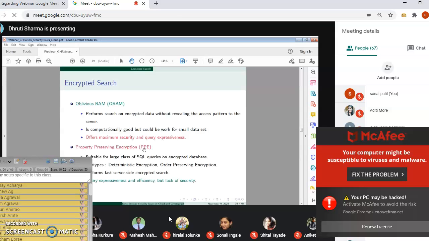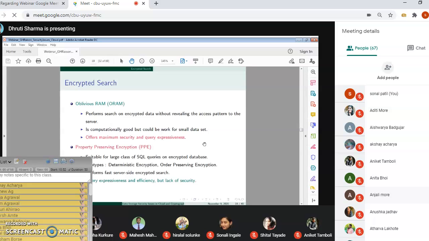If we are going for property preserving encryption, some of you might have heard about deterministic encryption. Deterministic encryption means whatever your plaintext, whenever you encrypt it using deterministic encryption, it will always give you the same ciphertext. Suppose I am encrypting A and my ciphertext converts A to 05.